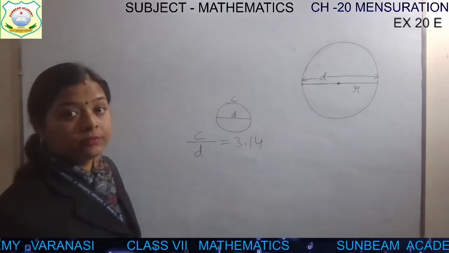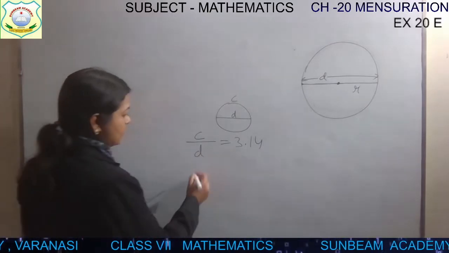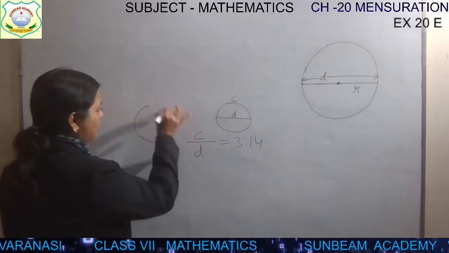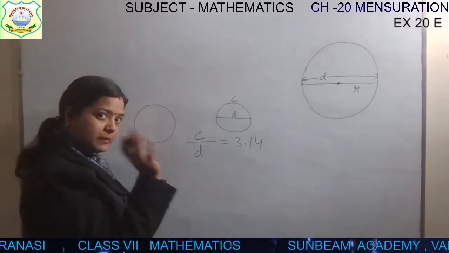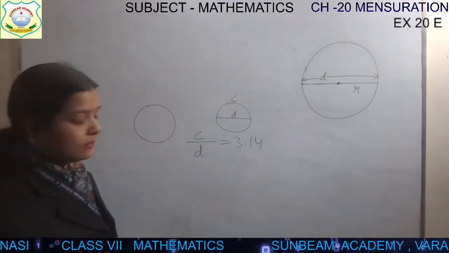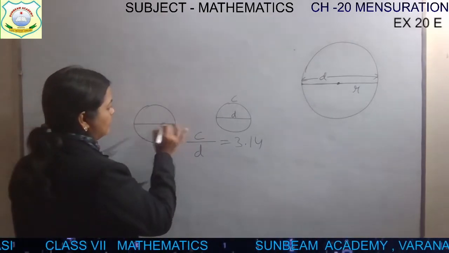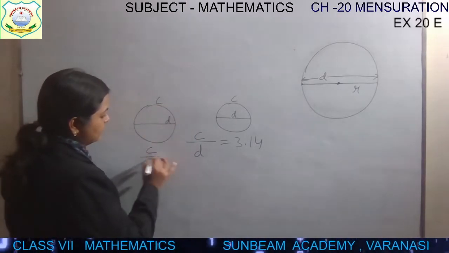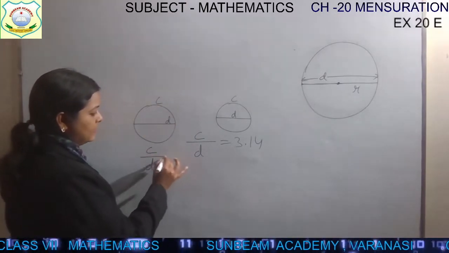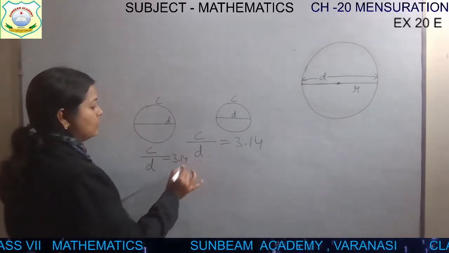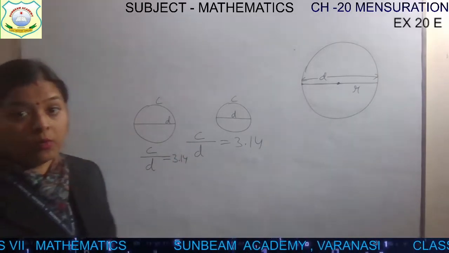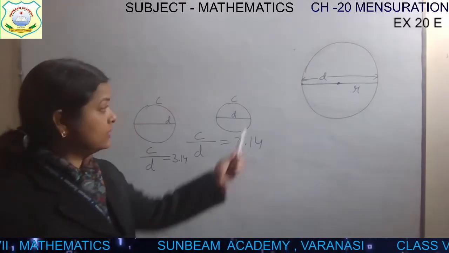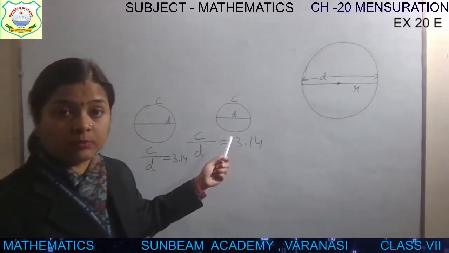In the same way, take another circle and measure it too. It is given in your book: draw a circle, find its diameter and circumference, and then divide the circumference by its diameter. You will always get 3.14, whether it is a bigger circle or a smaller circle.